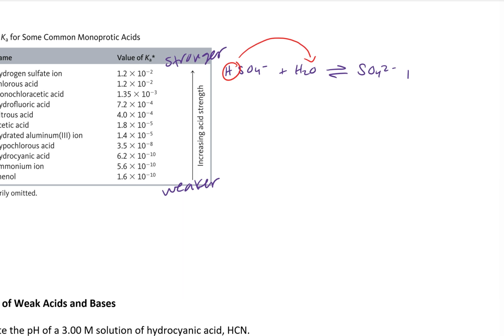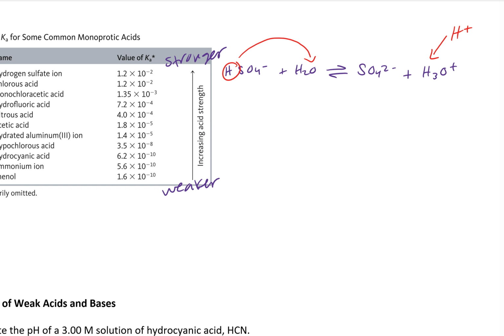And water here is acting as a base, and when it accepts that hydrogen ion, water turns into H3O plus, known as your hydronium ion. This means the same thing as H plus. Right? Hydronium and H plus mean the same thing. A lot of times we just simplify it and just write H plus instead of hydronium. This is going to have a Ka value of 1.2 times 10 to the negative 2.